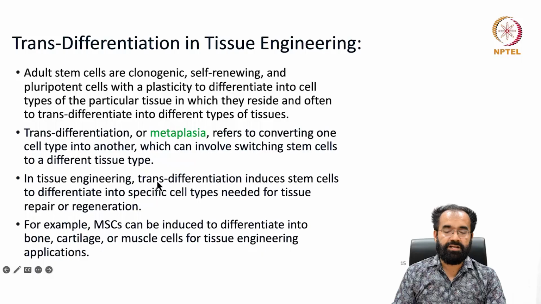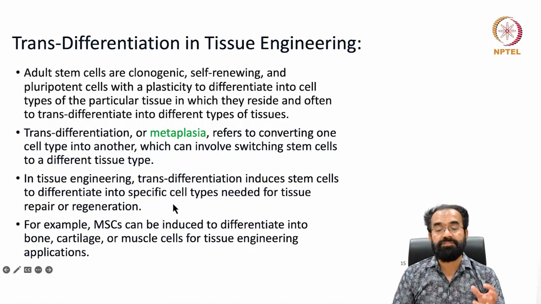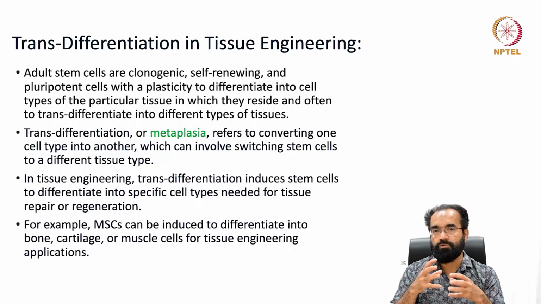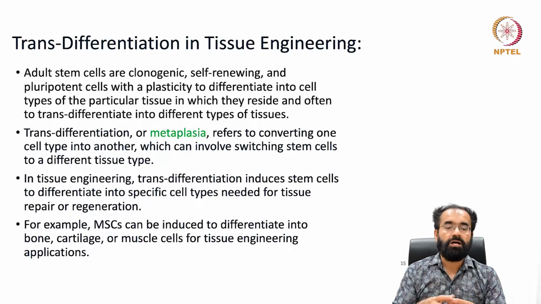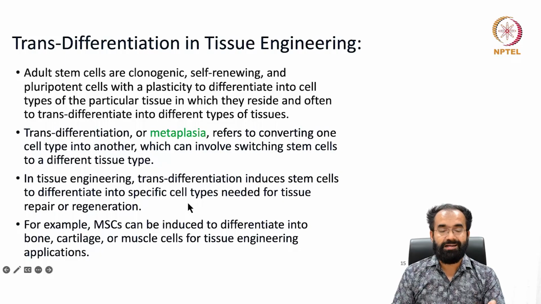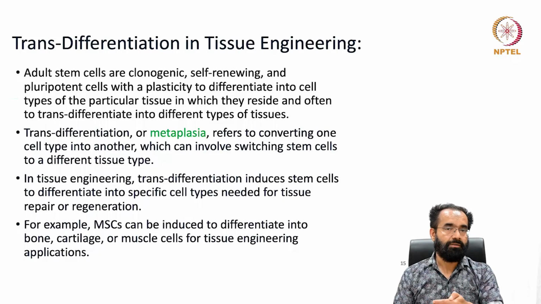In tissue engineering, trans-differentiation induces stem cells to differentiate into specific cell types needed for tissue repair or regeneration. So this is the sole purpose of using trans-differentiation in tissue engineering. That is, you can induce the stem cells to differentiate not into their natural course of differentiation, but into a different course of differentiation.